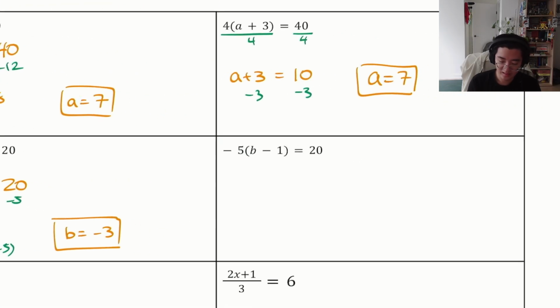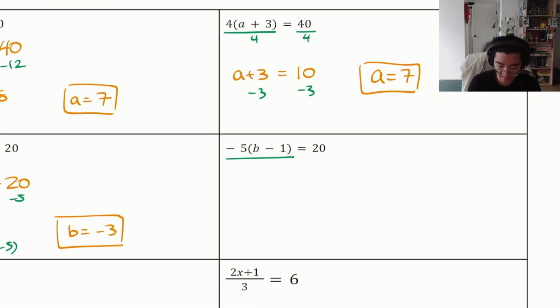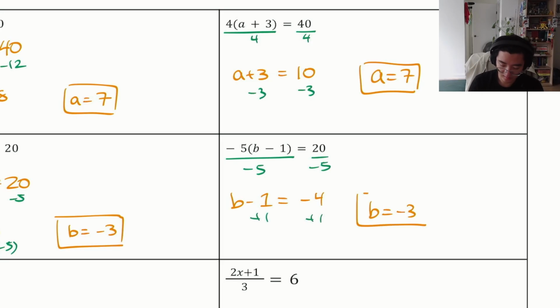Or alternatively, we divide everything by negative 5 here to get rid of this bracket. We'll also not get rid of those things. B minus 1 remaining. 20 divided by negative 5 is negative 4. Plus 1, b is negative 3. That's it, done.